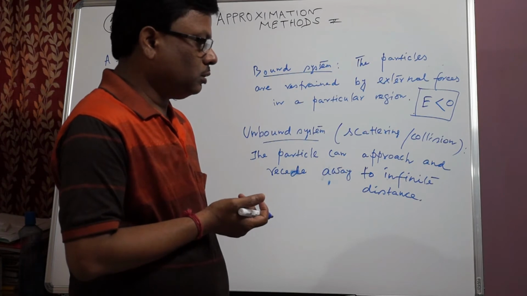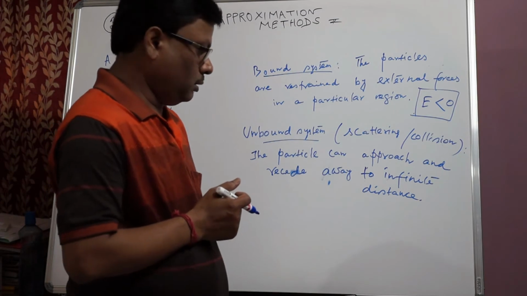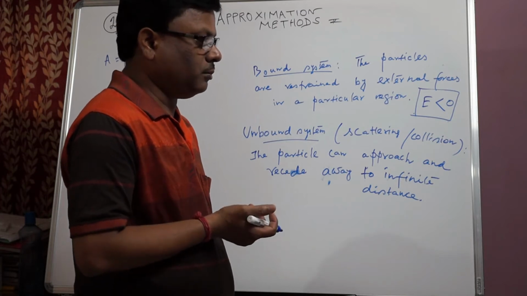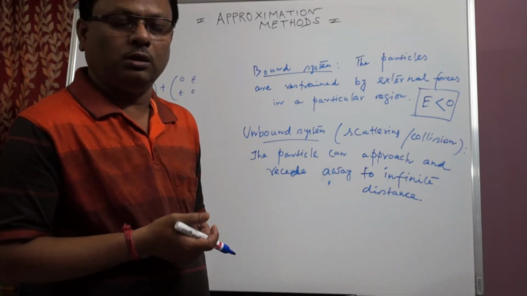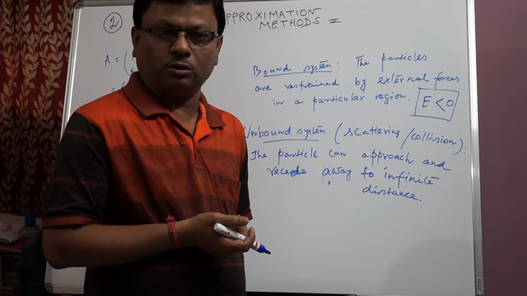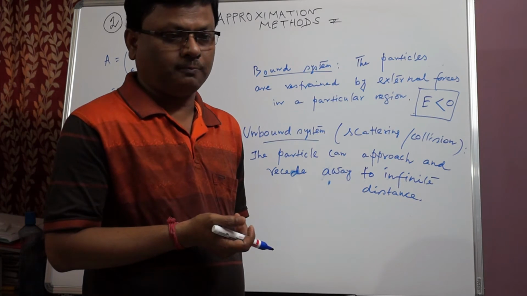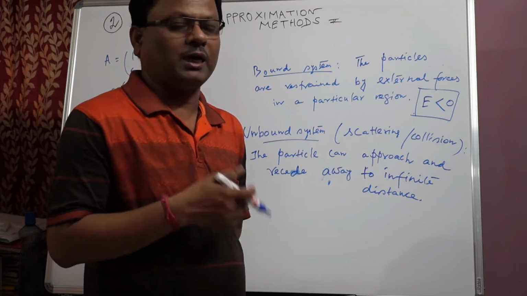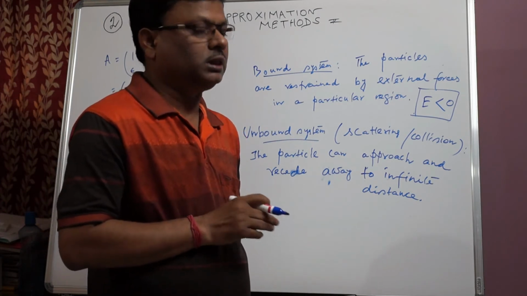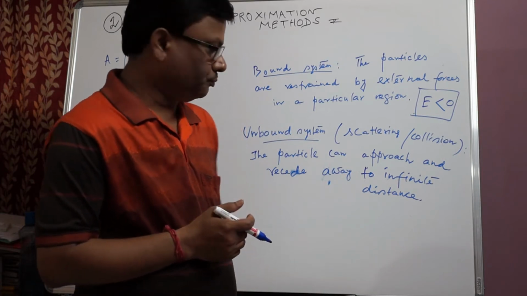The deuteron is basically a neutron-proton system. The neutron-proton system can be found in a bound system in the form of deuteron, or a neutron can impinge upon a system of protons and then be scattered.